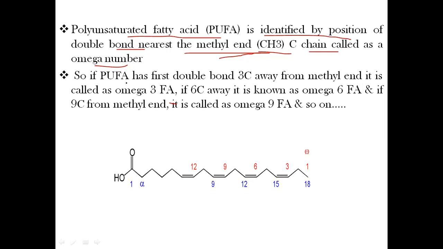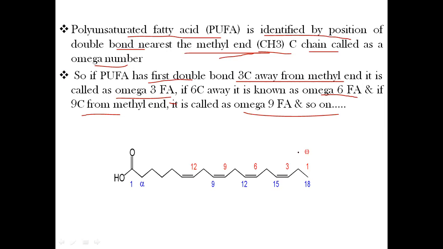If a polyunsaturated fatty acid has its first double bond 3 carbons away from the methyl end, it is called an omega 3 fatty acid. If 6 carbons away, it is known as omega 6 fatty acid. If 9 carbons away, it is known as omega 9, and so on.